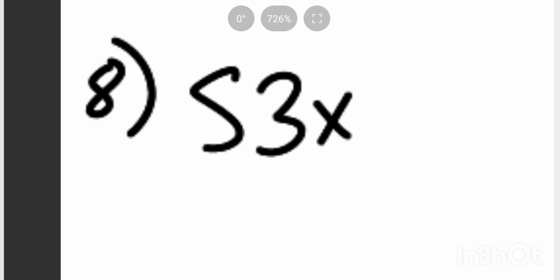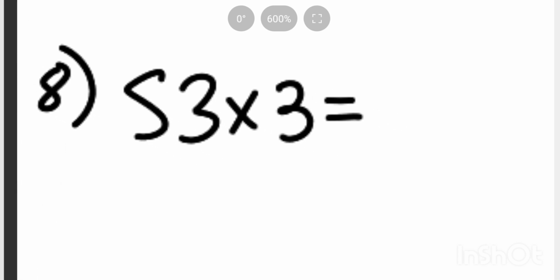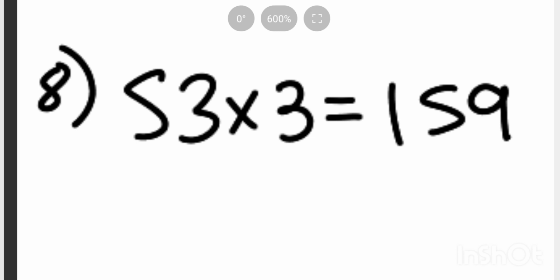So it says the passengers going on the trip would fill exactly 3 coaches. So that means the total number of passengers is 53 times 3, and that is 159 passengers in total. And so if they only use minibuses, then we need to divide by 12.